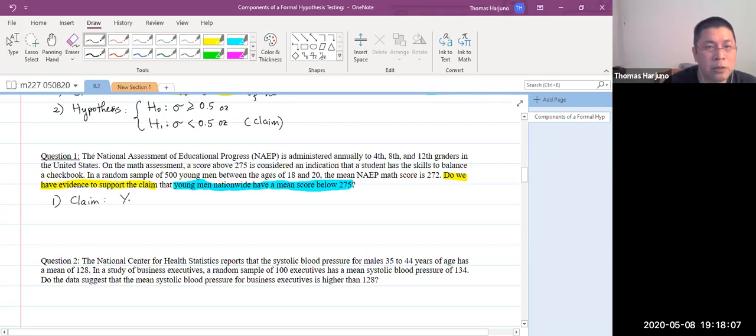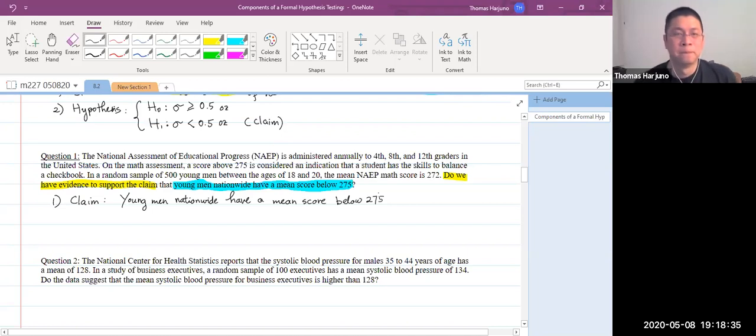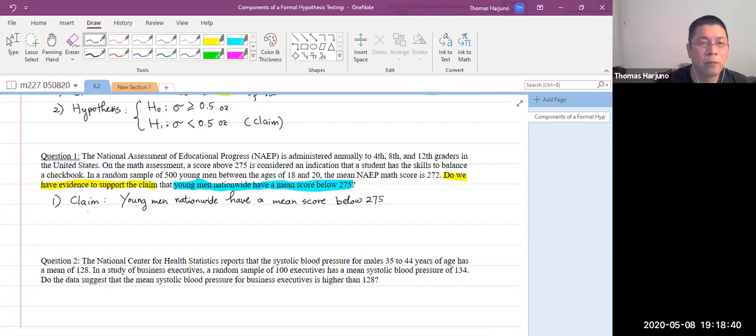The claim is young men nationwide have a mean score below 275. Then from there, we do the hypothesis.